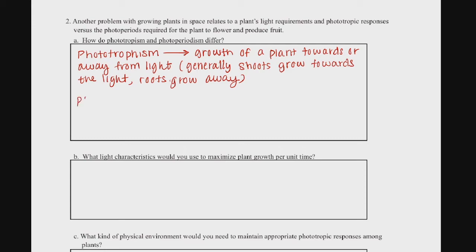Photoperiodism is a physiological response to changes in day length.